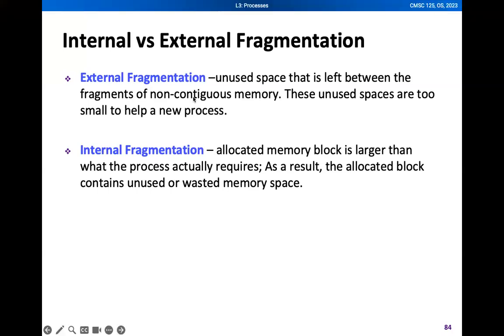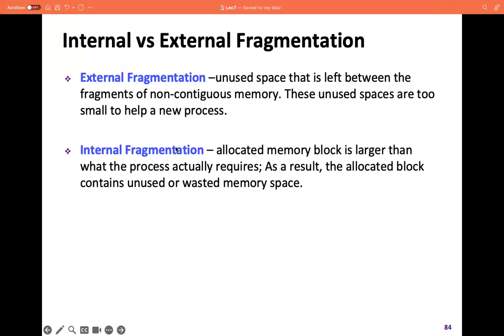The internal fragmentation, on the other hand, occurs when the allocated memory block is larger than what the process actually requires. As a result, the allocated block contains unused or wasted memory space.